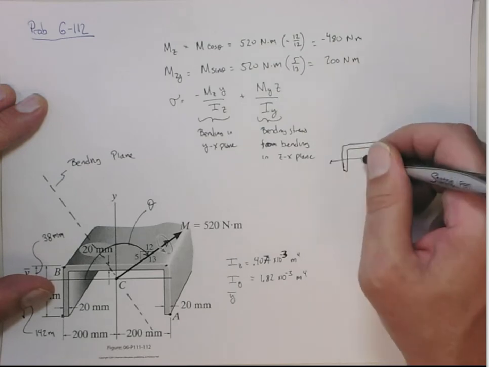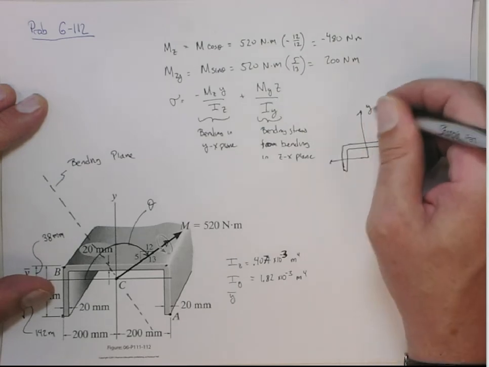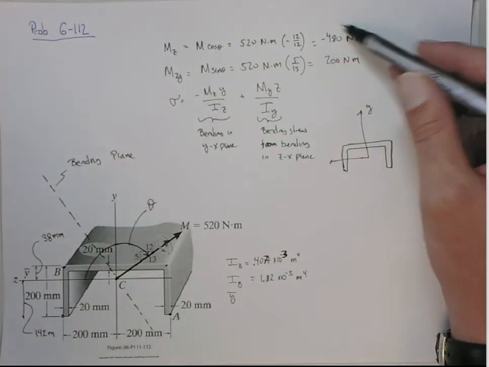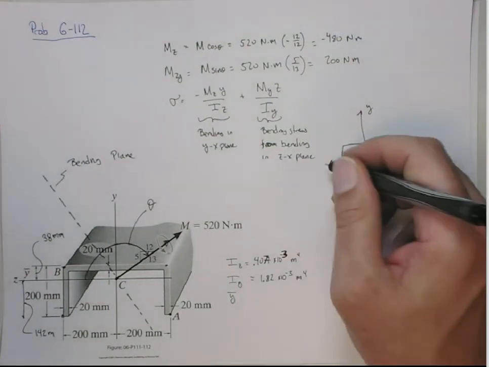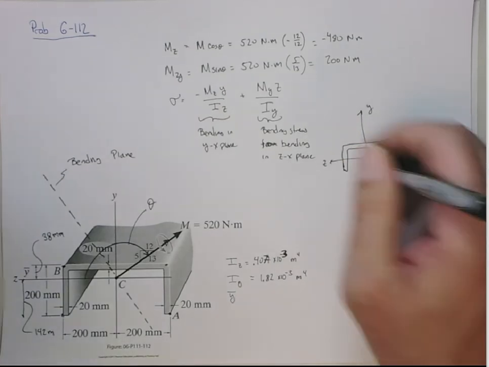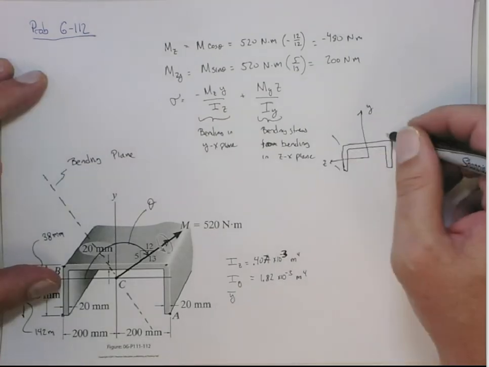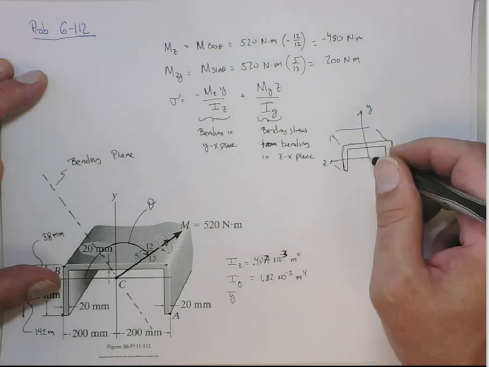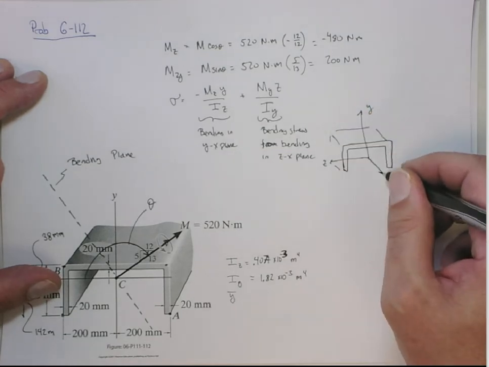Here's the z-axis. Here's the y-axis. So first, we're going to consider this 480 bending moment around the z-axis. I always have a tough time, let's draw this. So it's a little 3D looking. And here is the x-axis.